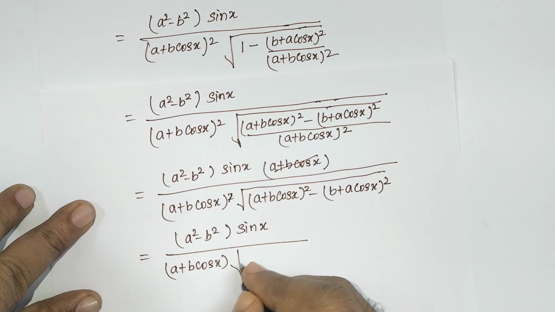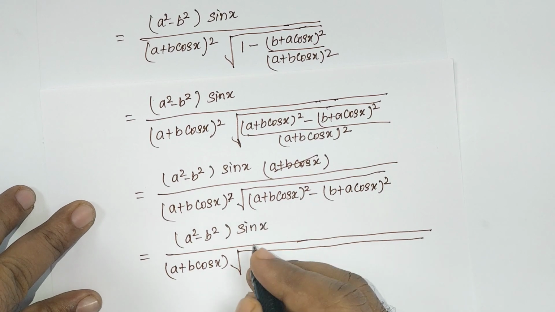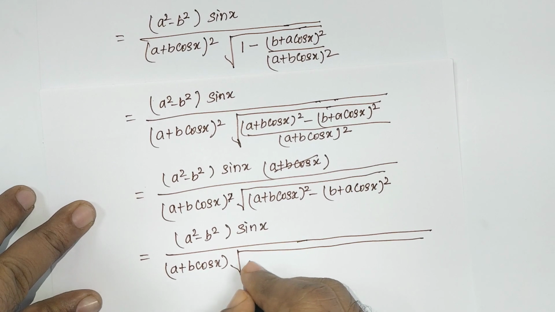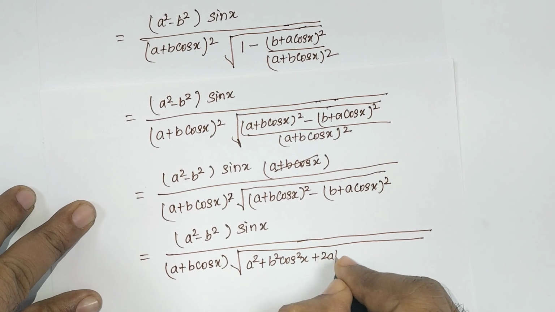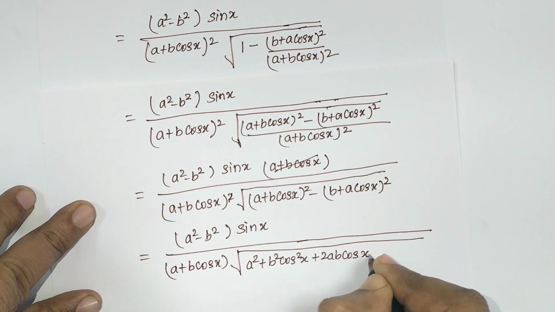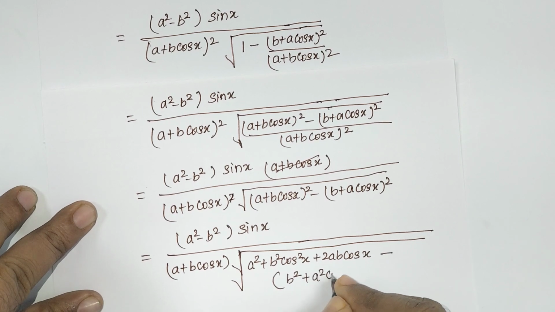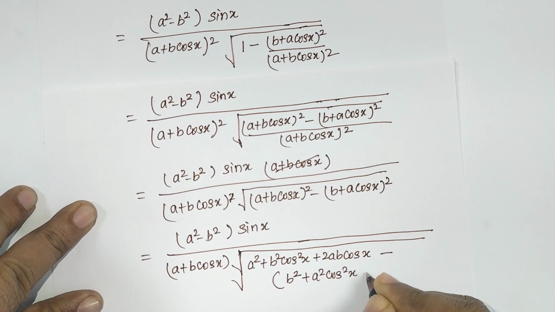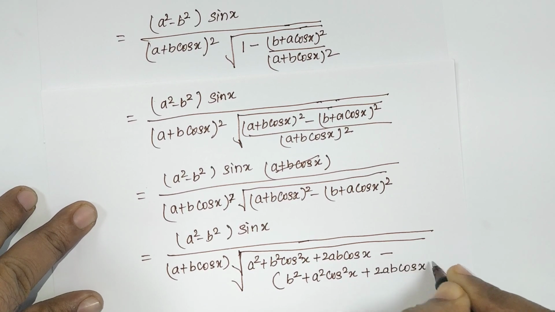Okay, and the square root of, so this one I will write (a plus b cos x) whole square. I will use the (a plus b) whole square formula: a square plus b square plus 2ab. So a square plus b square cos square x plus 2ab cos x. Then minus the second term, b square plus a square cos square x and plus 2ab cos x.